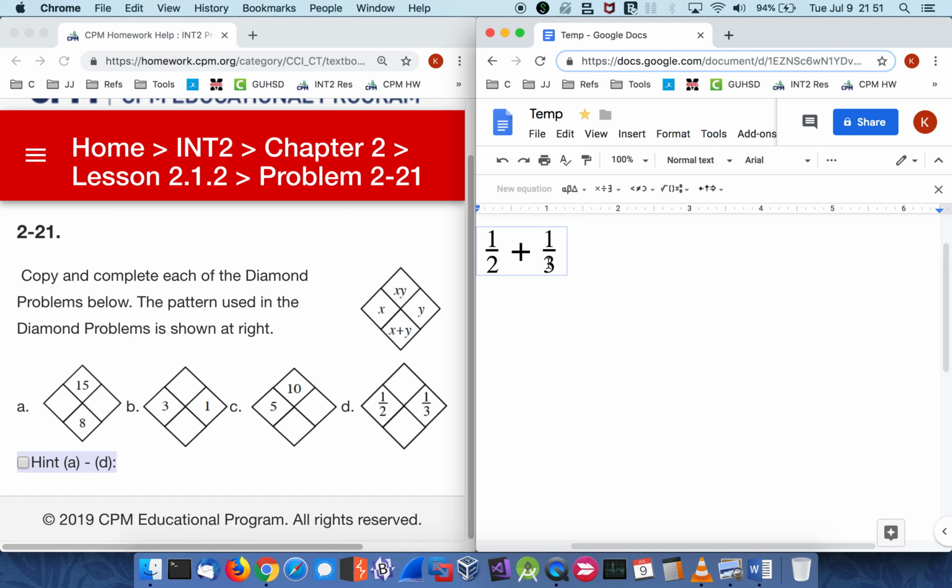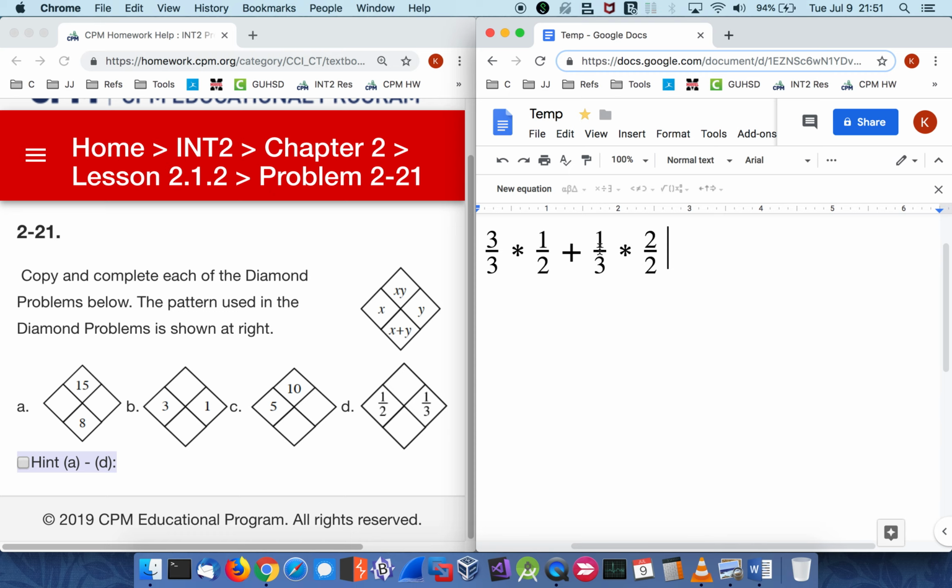So one way to do this here is to multiply this 1/2 over here by 3 over 3, and then multiply this one over here times 2 over 2.